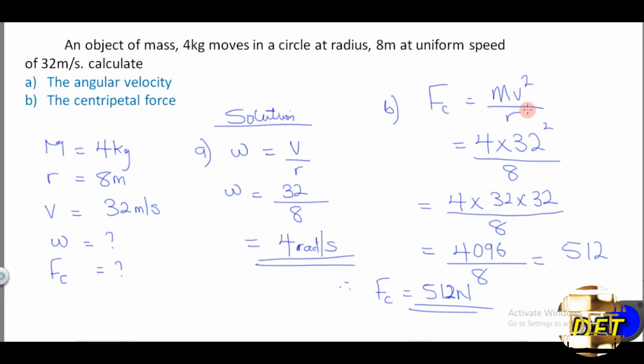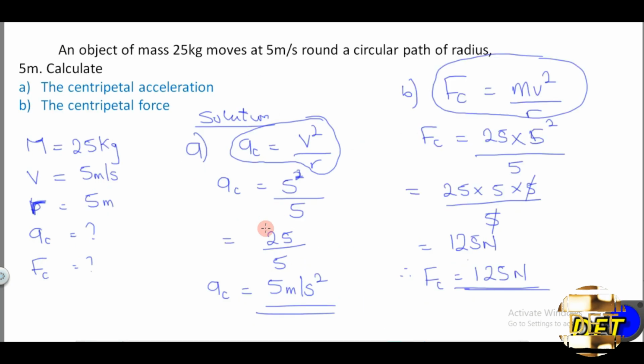Centripetal force is mv squared over r. So these formulas are very important. Physics is very easy as long as you know your formulas very well. So angular velocity is equal to v over r, centripetal acceleration is equal to v squared over r, and centripetal force is equal to mv squared over r.